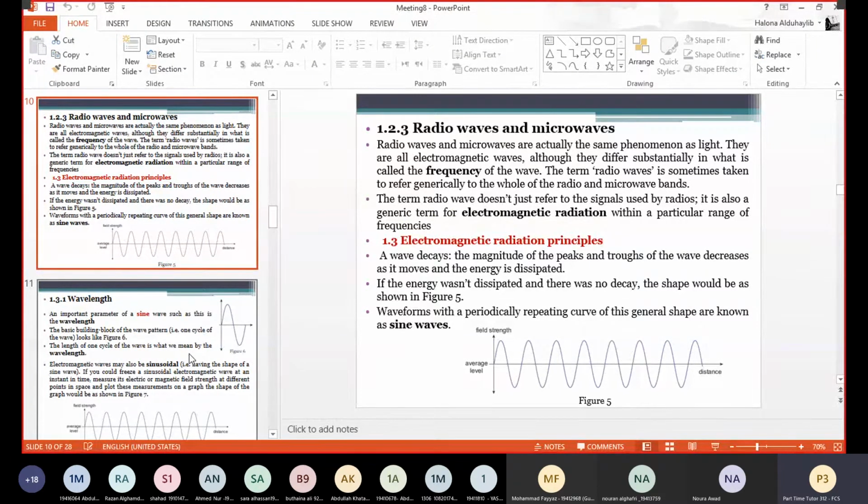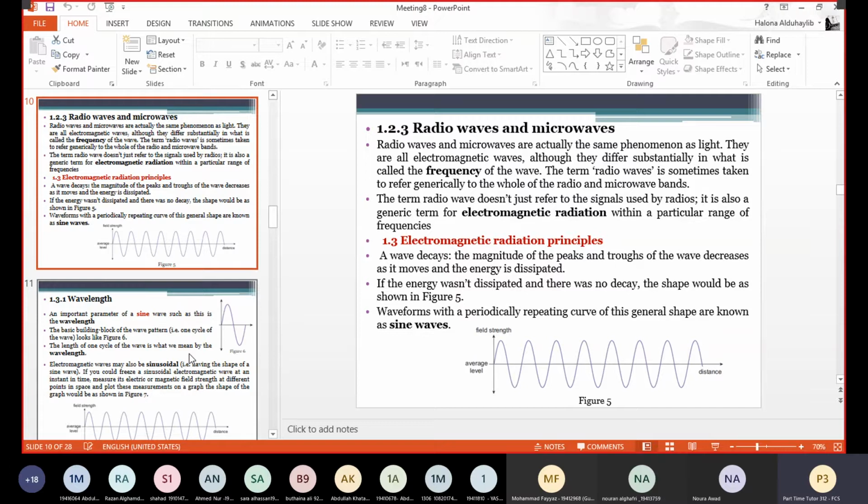Radio waves and microwaves are actually the same phenomenon as light. They are all electromagnetic waves, although they differ substantially in what is called the frequency. So the characteristic of radio waves and microwaves is that they have some frequency. Radio wave is sometimes taken to refer generically to the whole of the radio and microwave band. It's the same as the one you have in your microwave.